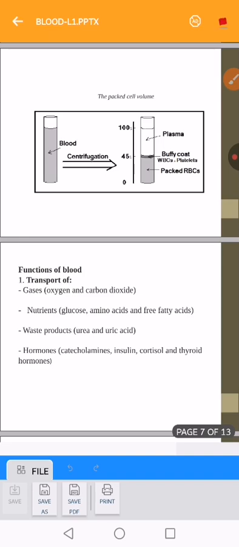The blood takes waste products like urea and uric acid. The blood delivers hormones, catecholamines, insulin, cortisol, thyroid hormones, any hormones in our body, to the target tissue. So the first function of the blood: transport of gases, nutrients, waste products, and hormones.